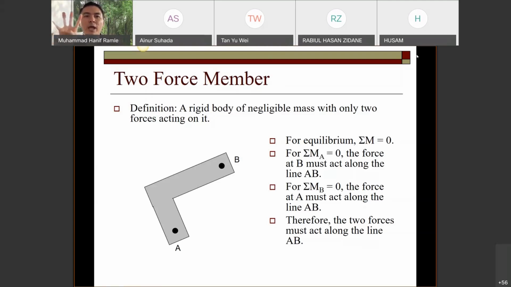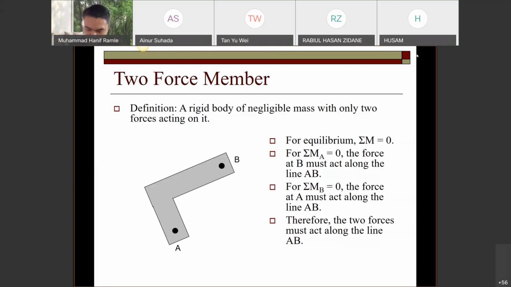So if you have a system that requires 4 equations, it will be tedious work. That's why we learn these two force members to tackle these two issues: complexity and also the number of unknowns, if it is more than 3.